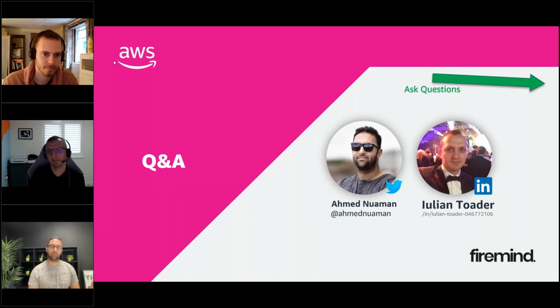ECS is easier to start with, so I would recommend, if you have no container capabilities inside your engineering team, then start with ECS. EKS takes a bit more time and effort, and there are a lot more dependencies that you need to manage. So in a nutshell, ECS is easier to start with if you have no container capabilities.